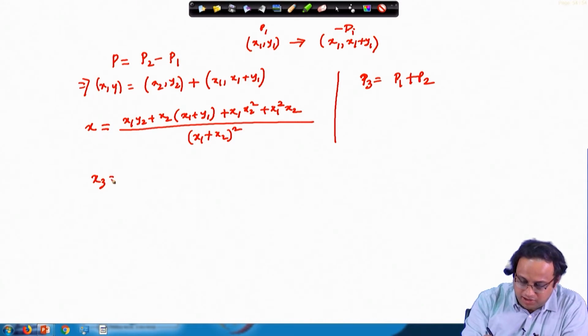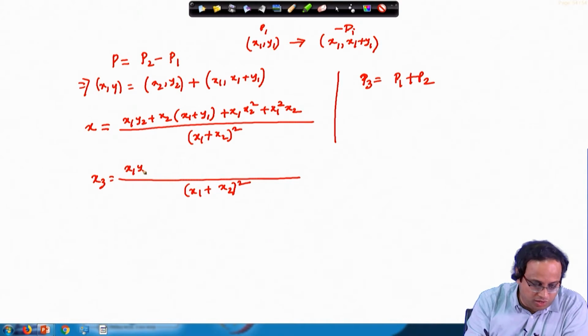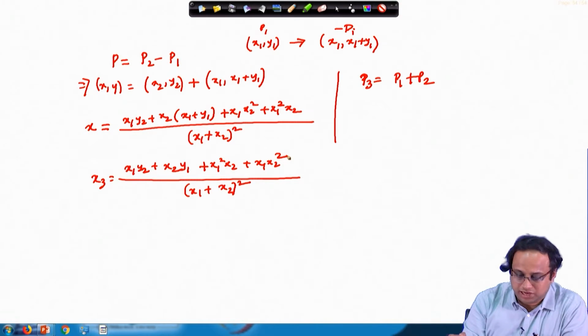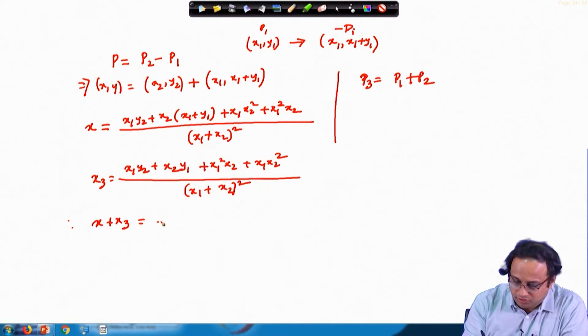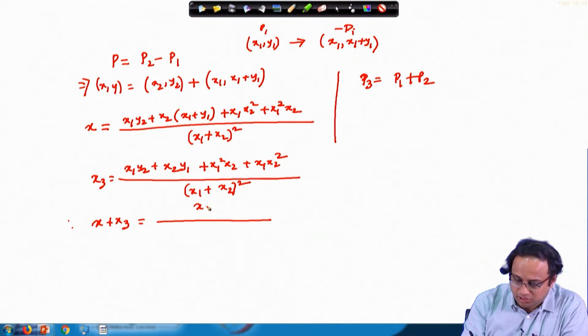So, I can write a similar expression for x3: x1 y2 plus x2 y1 plus x1 square x2 plus x1 x2 square. If I add up x with x3, all the terms get cancelled out except x1 x2 divided by x1 plus x2 whole square.